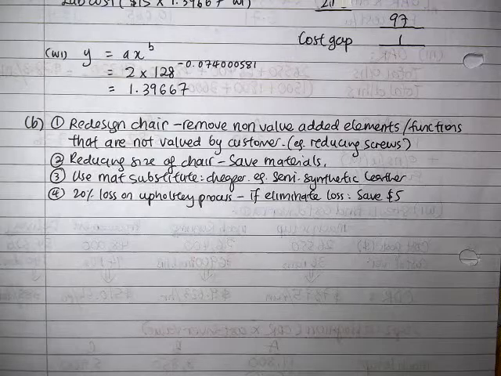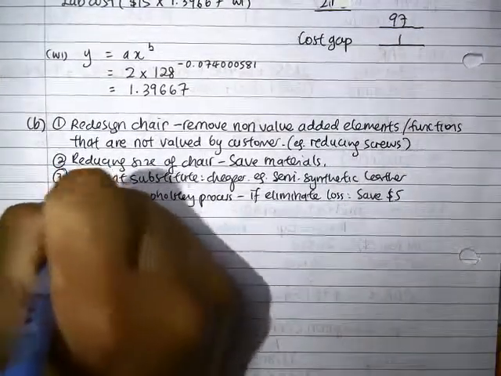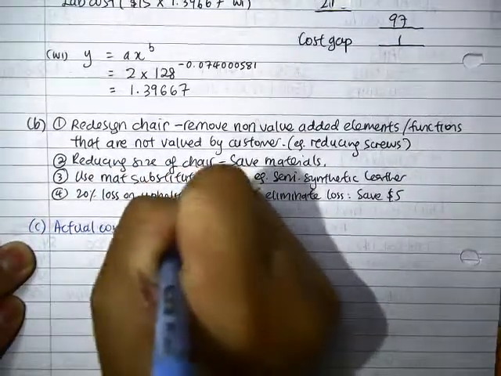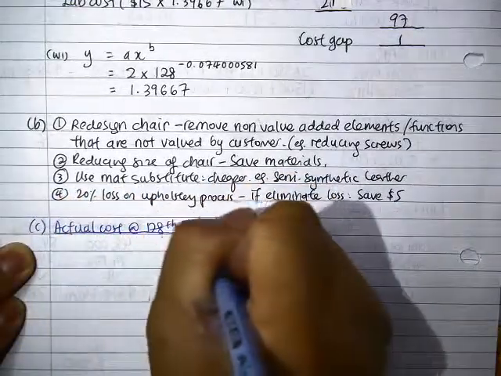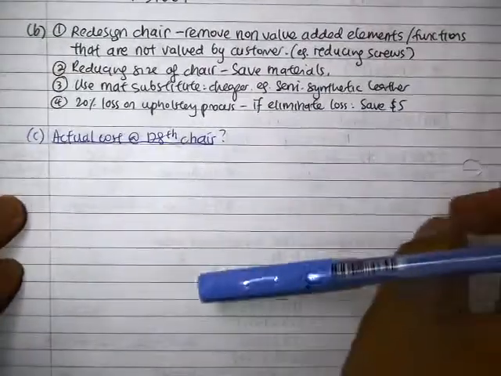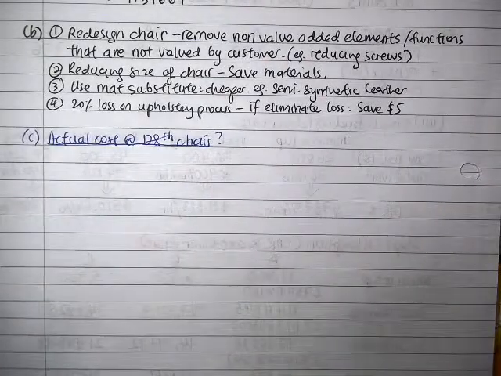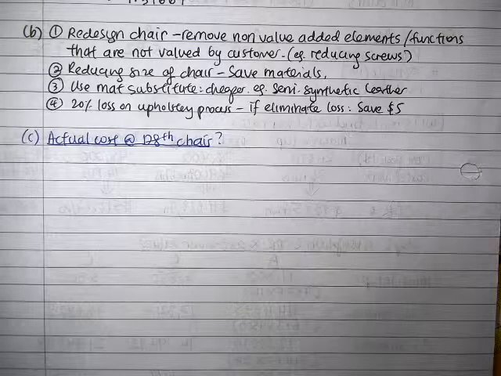I think you must go and calculate the actual cost. So that's part C. What is the actual cost at the 128th chair? Now we just need to work out the labor cost.